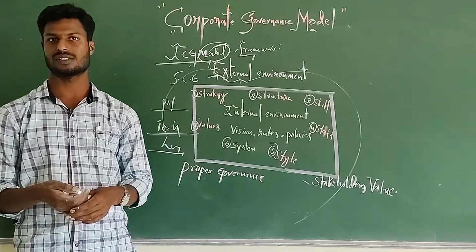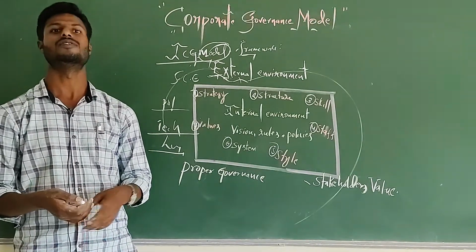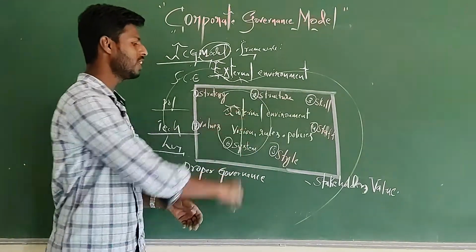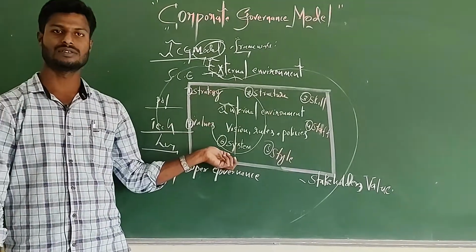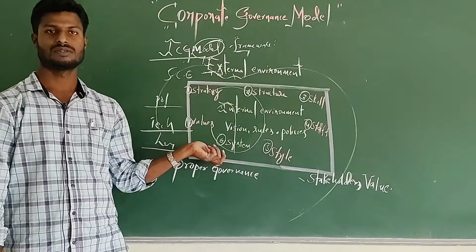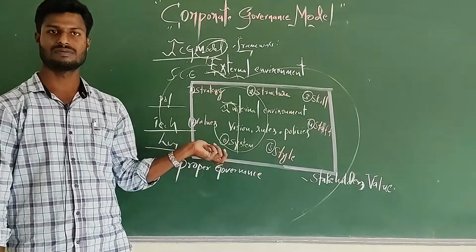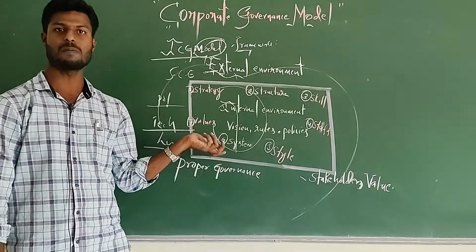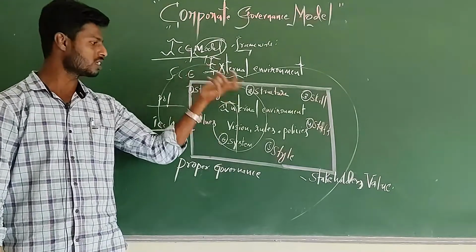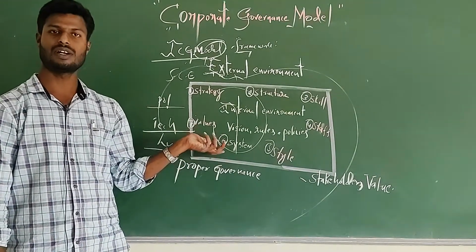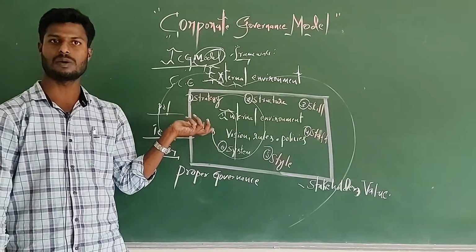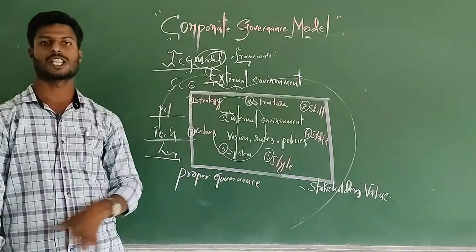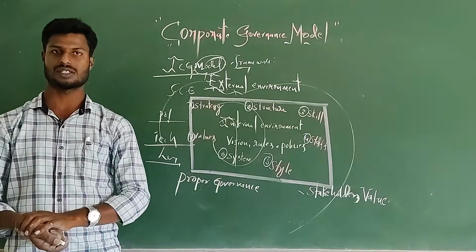You can come to know that when you are internally very weak, when your internal system is not effective, when your internal system is very poor, when your internal activities are improper, when you are not proving efficiency in your business, you cannot manage the external environment.